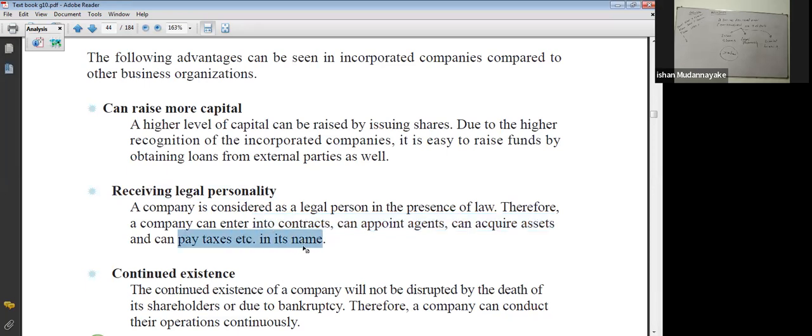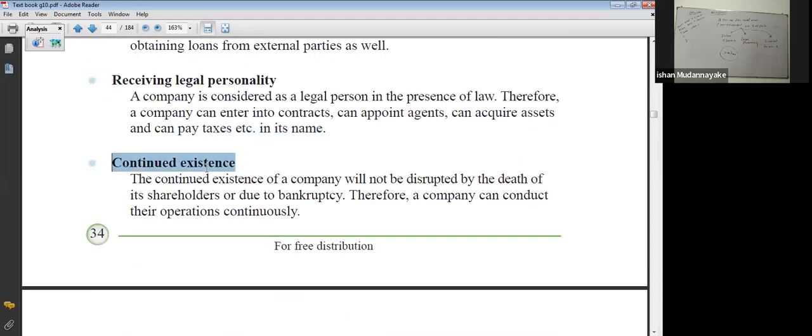The business organization can use its business name in legal activity without using shareholders' names. The management can use the company name in legal activities.